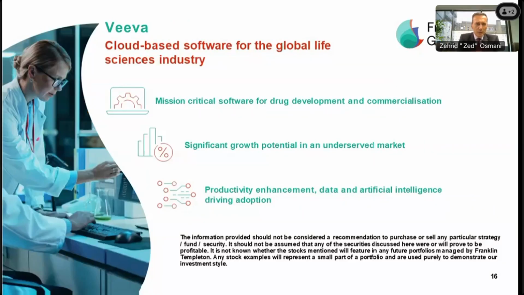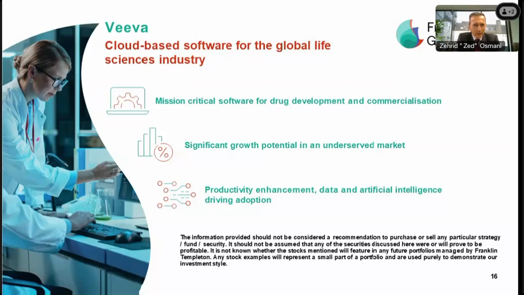Then in healthcare, we wanted to highlight Veeva Systems. Veeva Systems is a cloud-based software for the global life sciences industry. It provides mission-critical software for drug development and commercialization. It's got significant growth potential in what is an underserved market.